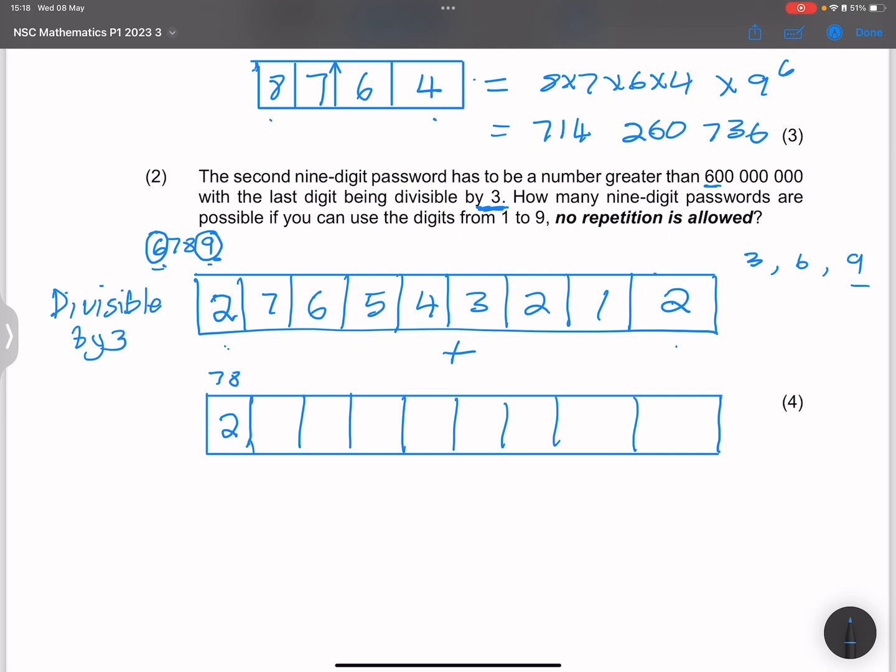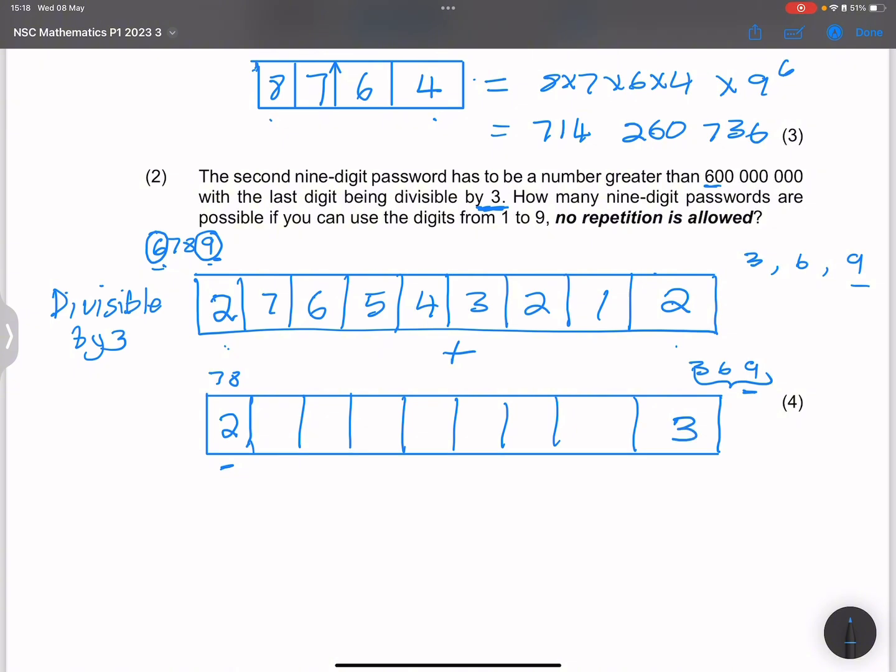Now, I want you to please note, for my numbers that are divisible by 3, how many can I choose from? I've got 3, 6, or 9. So notice that now I can use all 3 of them, if I did not use them there, so I can use them in this space here. So that will be 3, right?